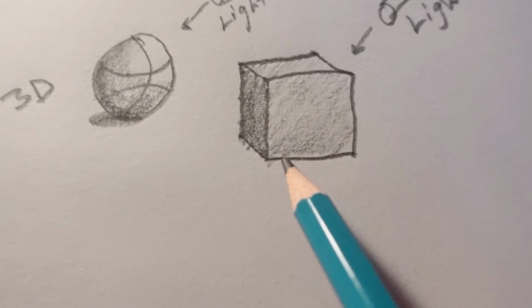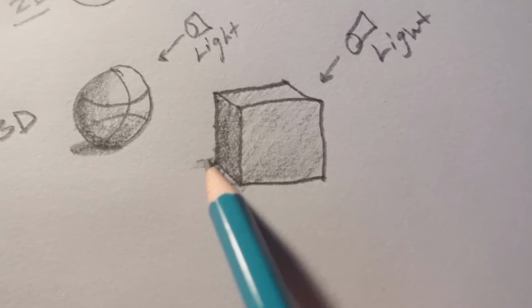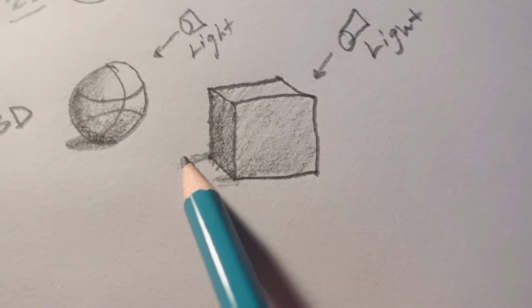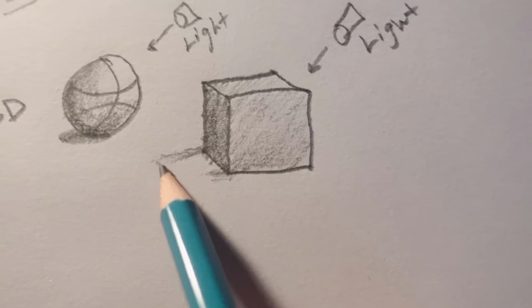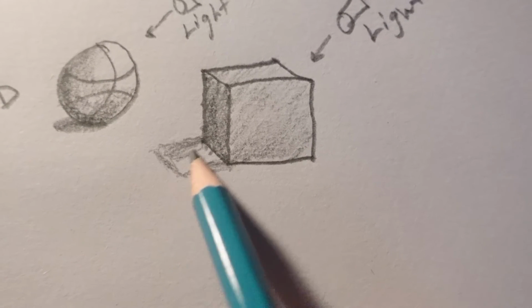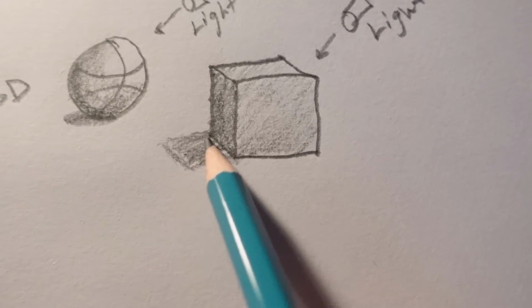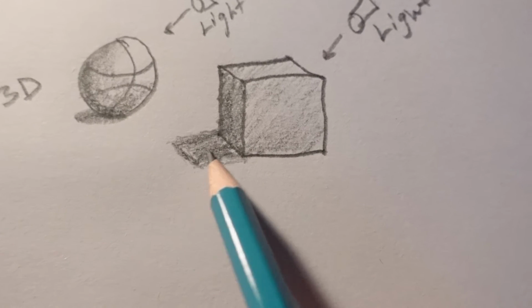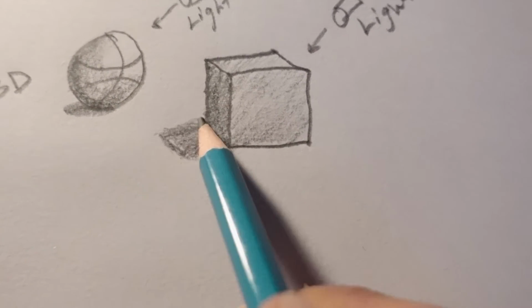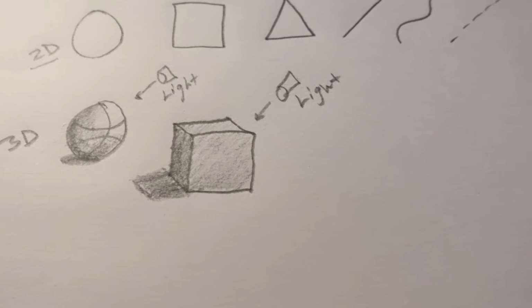Buildings and even cars have a rectangular shape with rounded edges, but we won't get into that today. I'm doing a shadow here on the opposite side of where the light is hitting, and notice I added some shading on the other sides as well, because the light can't hit every spot on the surface.